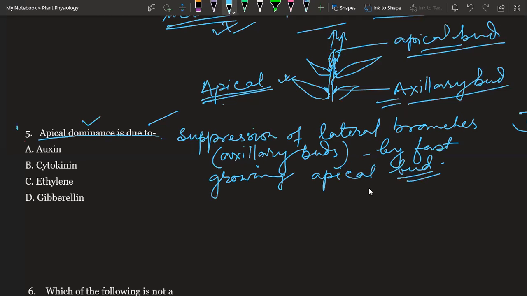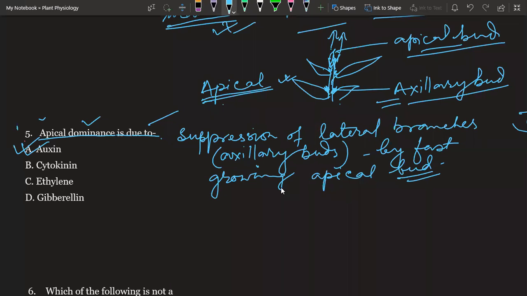So long as the apical bud is there, the plant will not produce branches from the lateral side. This is also one of the physiological effects of auxin.